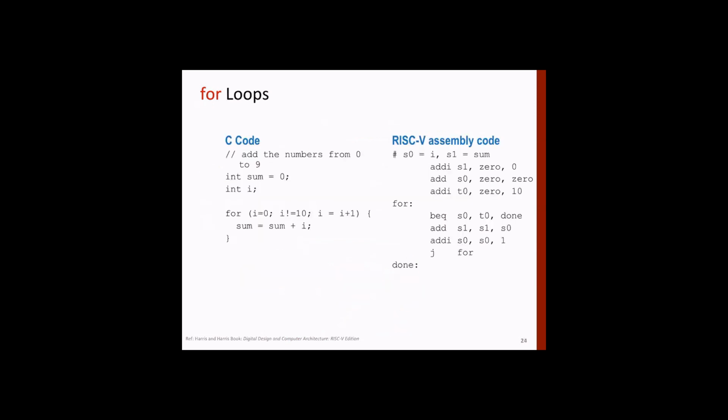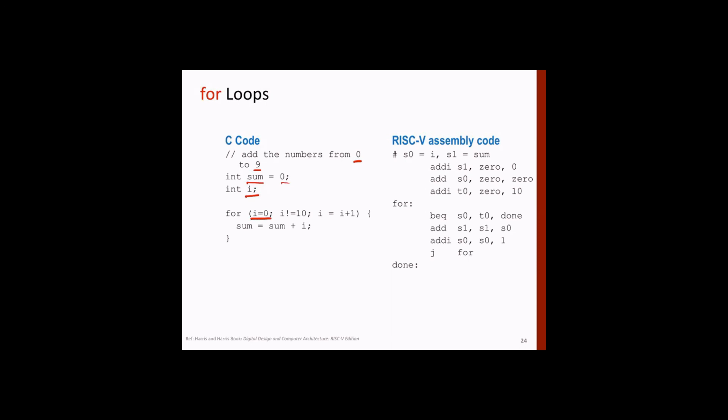Now let's come to a for loop example. It's a very simple algorithm where you have to add the numbers from 0 to 9, that is 0 plus 1 plus 2 plus 3 up to 9. You define two variables: sum is equal to 0, initialized with 0, and variable I of type integer. You have not assigned I to 0 because the next statement does exactly that.